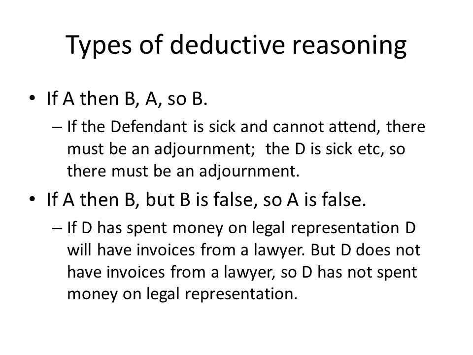If A, then B, but B is false, therefore A is false. So, if the defendant has spent money on legal representation, the defendant will have invoices from a lawyer. But the defendant doesn't have invoices from a lawyer. Conclusion: the defendant has not spent money on legal representation.